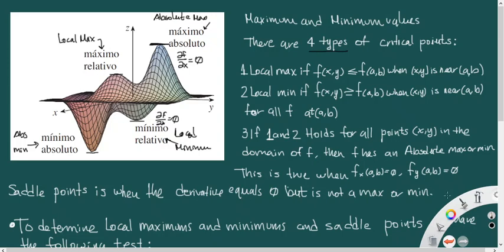There is a special type of critical point that I'm going to highlight here, and it is precisely this one. In this point, we also have the partial derivative with respect to any variable equal to zero. But this is not a local max, nor an absolute max, and this is not a local minimum or an absolute minimum.